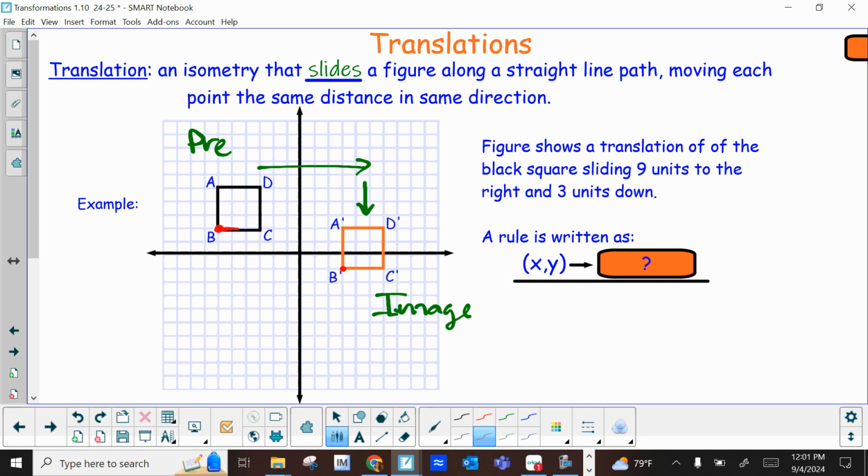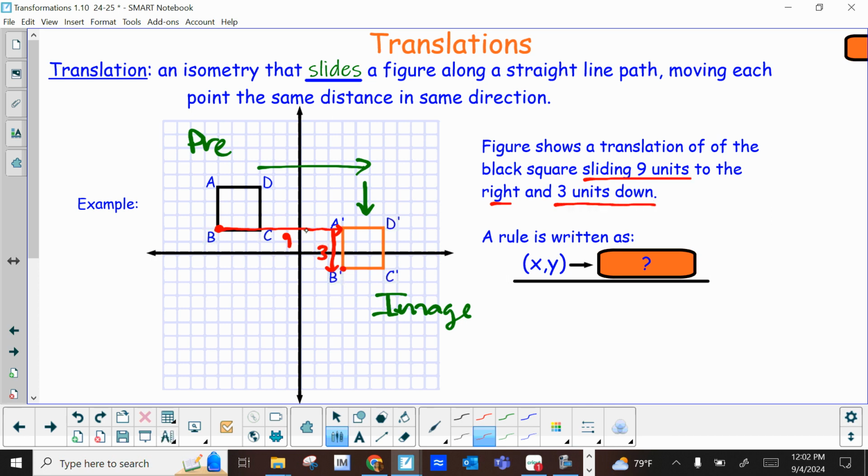So it goes 1, 2, 3, 4, 5, 6, 7, 8, 9 units to the right. And then count down. It goes 1, 2, 3. 3 units down, okay? So it slid 9 units to the right and 3 units down.